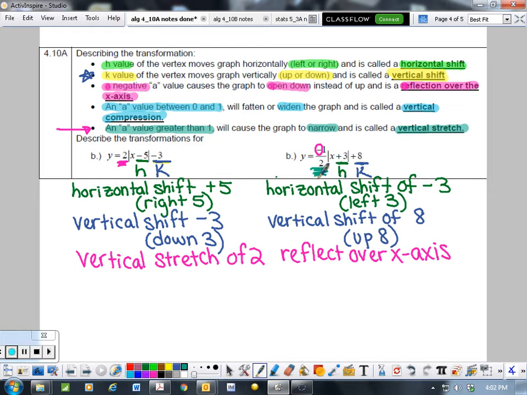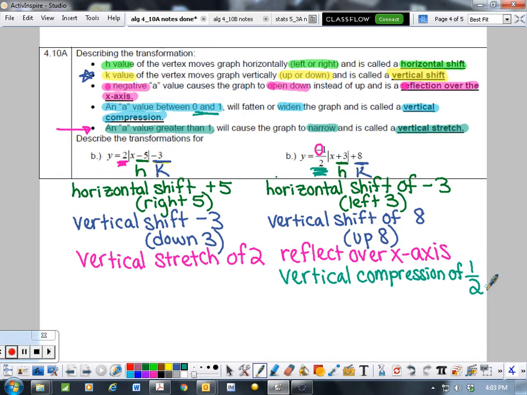Now 1/2 is between 0 and 1. So because it's between 0 and 1, it's going to widen my graph, which is known as a vertical compression. Okay, so that's our description.